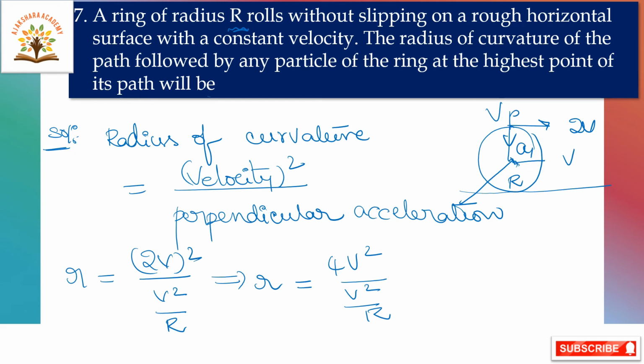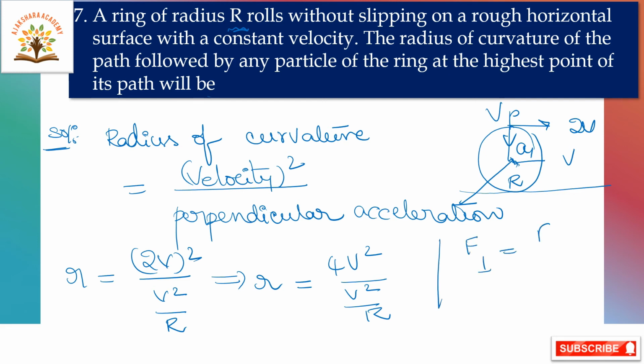Now the perpendicular force is equal to the centripetal force, that is mv square by r, and the perpendicular acceleration is equal to the centripetal acceleration, that is v square by r.